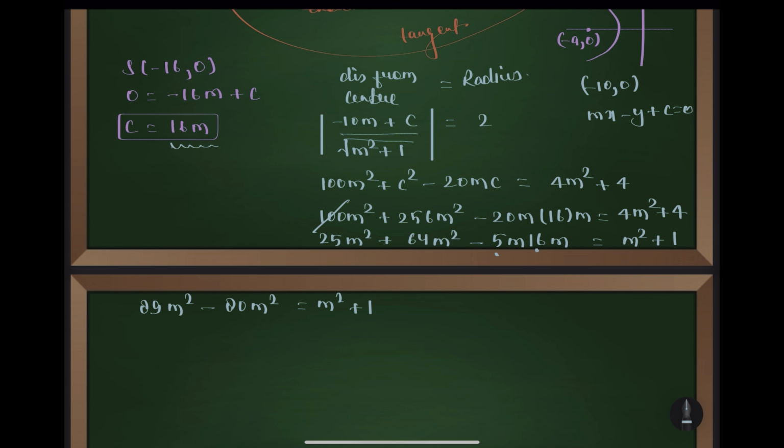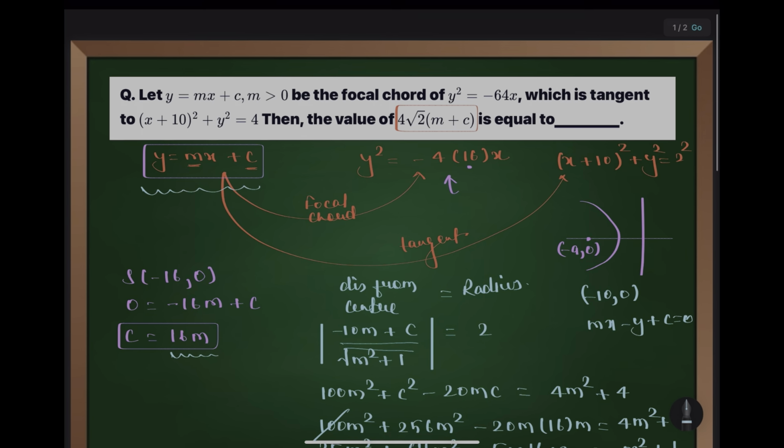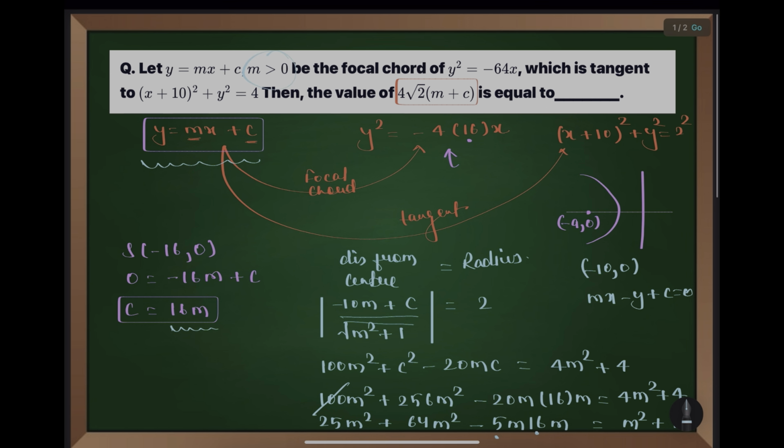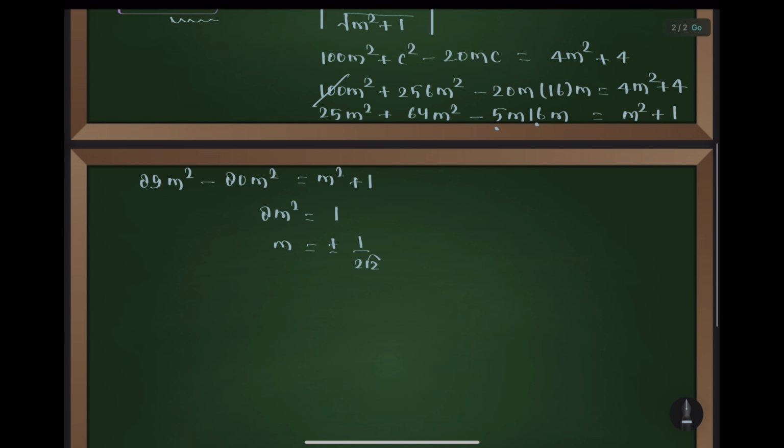Now take this thing to this side, so it will become 9 minus 80... 8m square equals 1, so m will become plus or minus 1 by 2 root 2. But you know that m should be positive, so make sure that your m value is 1 by 2 root 2. So I hope you got your m done.